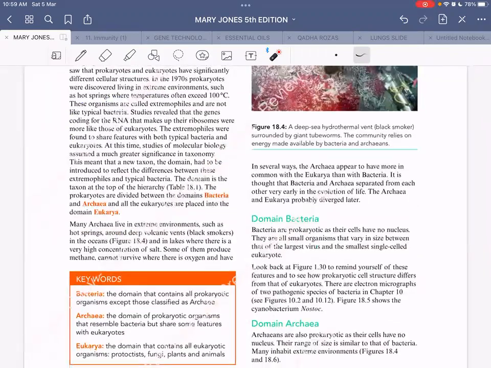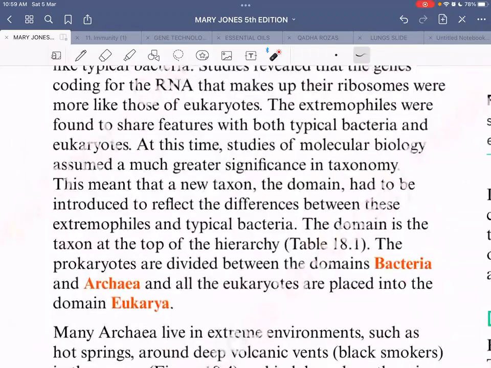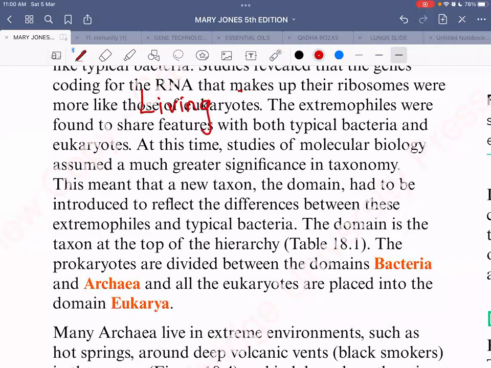So now they are saying that the domain is at the top of the hierarchy. The prokaryotes are divided between the domains bacteria and archaea, and the eukaryotes are placed into the domain eukarya. Living organisms हो गया, life हो गई, right? All living organisms, right?